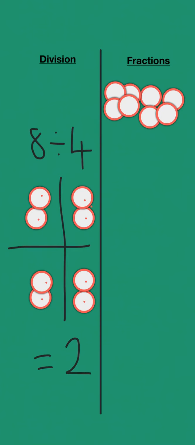Okay, now let's look at the fractions side. For my fractions, I want to find 1/4 of 8. This is the same as division because I'm saying I want to split my whole, which is 8. That's my whole group, 8. I want to split that whole into 4 equal groups. So let's do that.